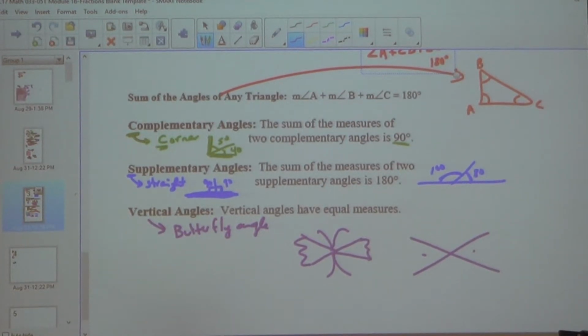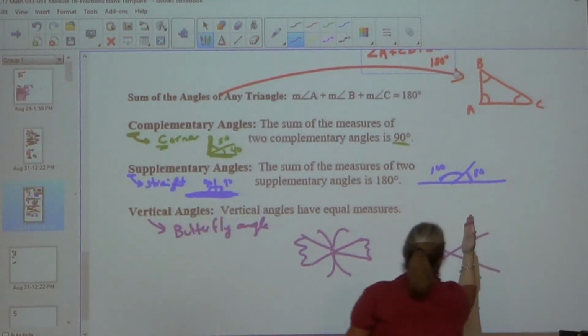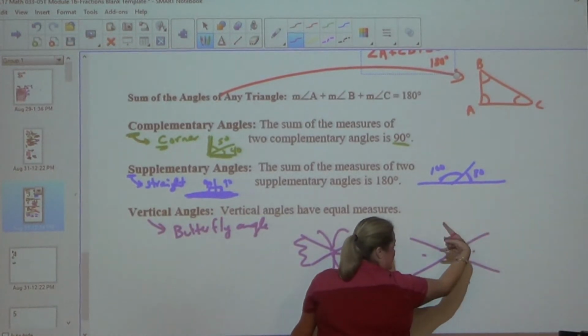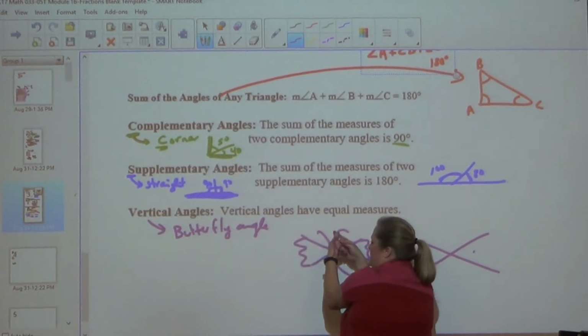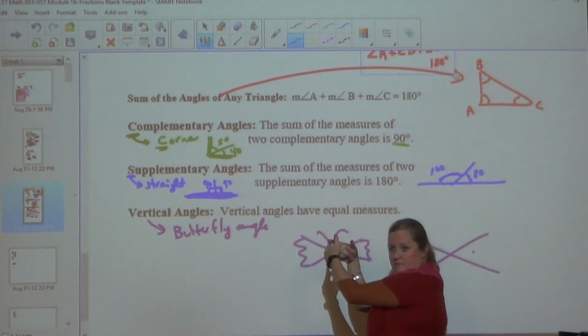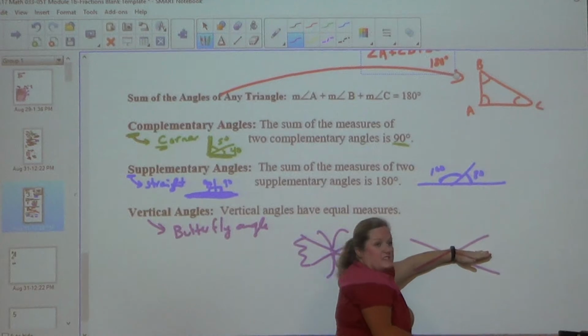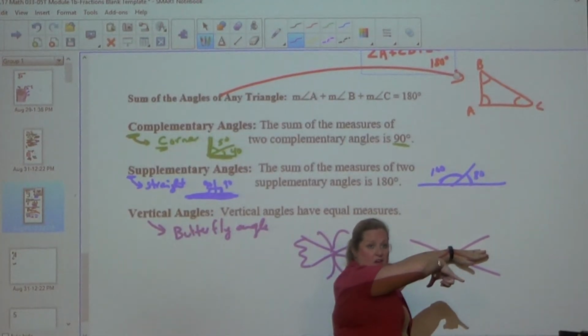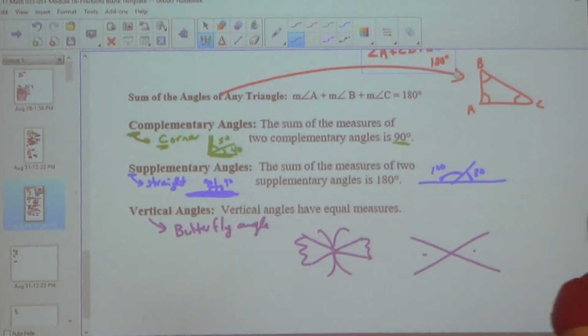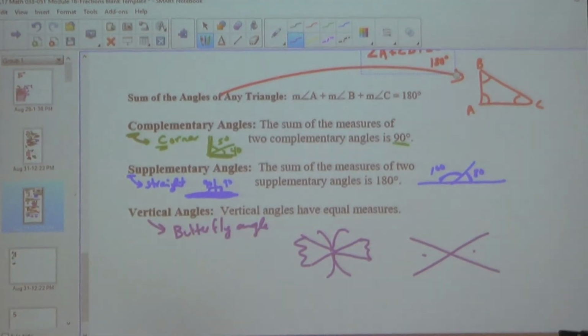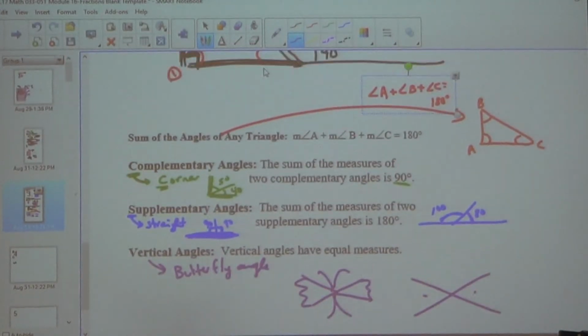So if I fold my piece of paper right here, do you see that this angle and this angle are the same? And if I fold my paper this way, can you see that the top angle and the bottom angle are the same? Those are called vertical angles. Okay? So, with all those rules said, let's go back to my picture.